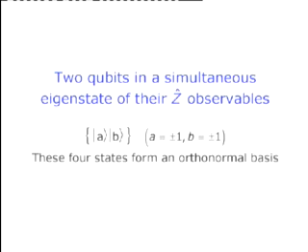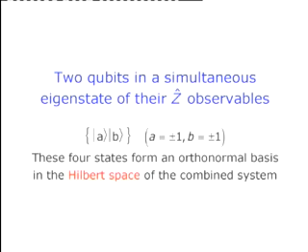The space of all pure states that a system could be in is technically a Hilbert space. Basically, that's just a vector space with a norm. And we usually refer to it as the Hilbert space of the given system.